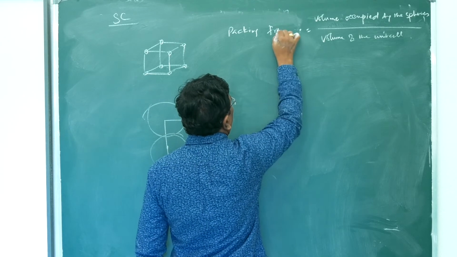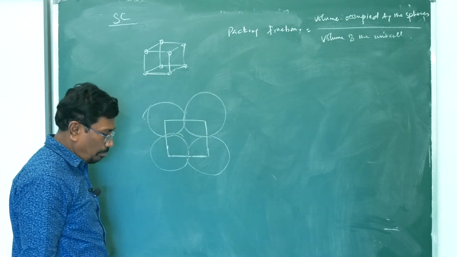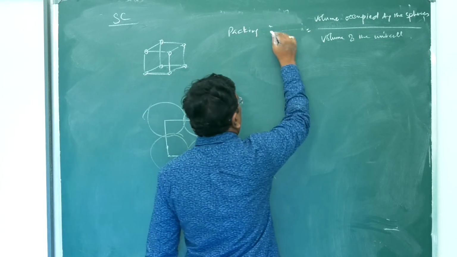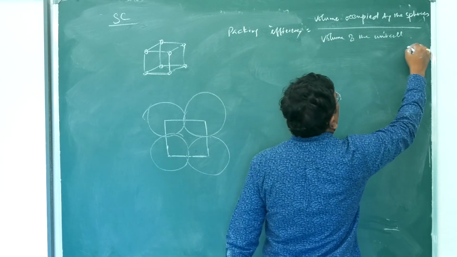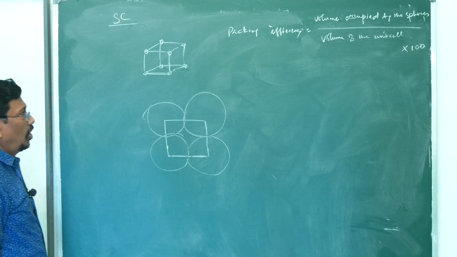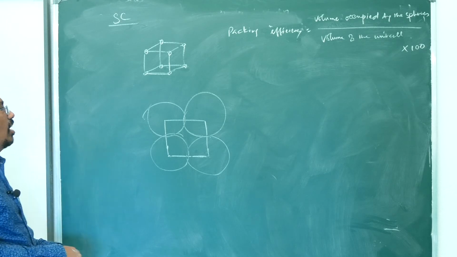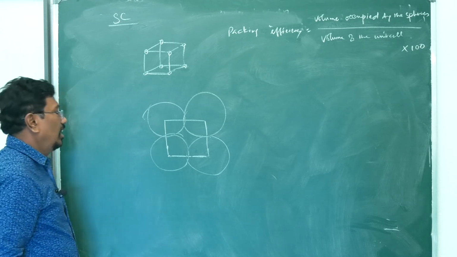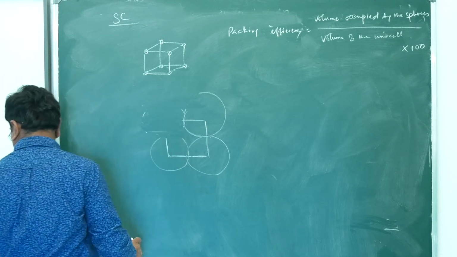If it is multiplied by 100, you will be getting packing efficiency, in percentage. How much percentage of the unit cell is occupied by atoms? How closely the atoms are packed? That's what is given.